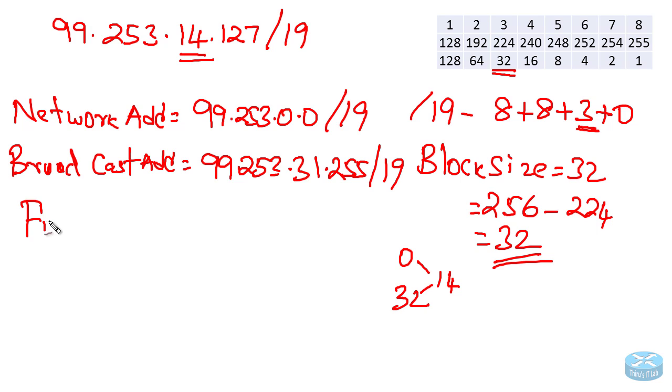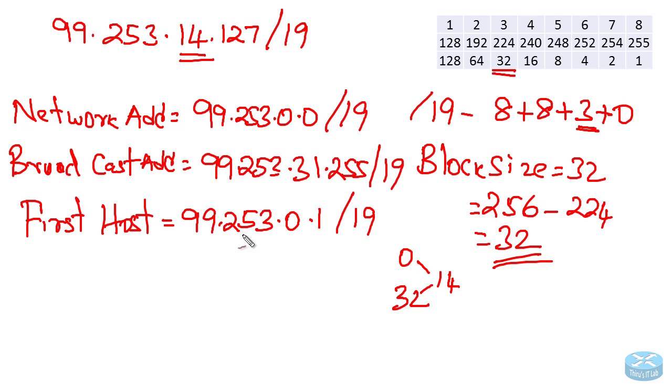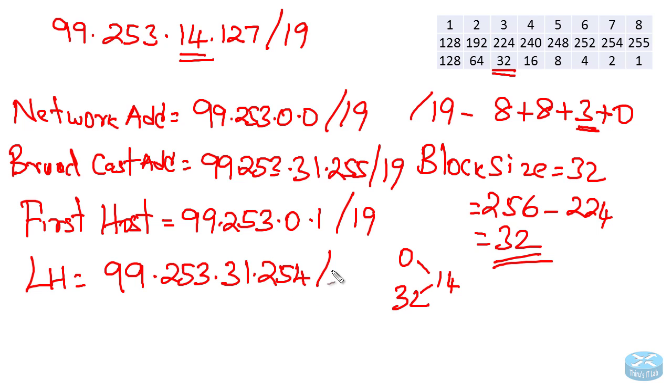And what's the first host here? The first host is 99.253.0.1. And what's the last host here? The last host is one before the broadcast address, so 99.253.31.254.